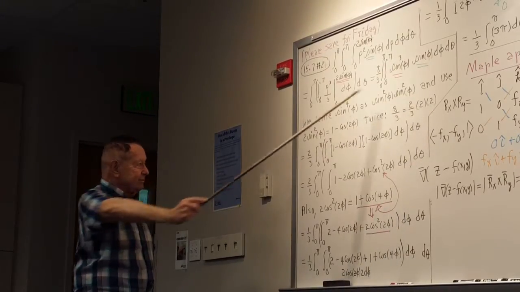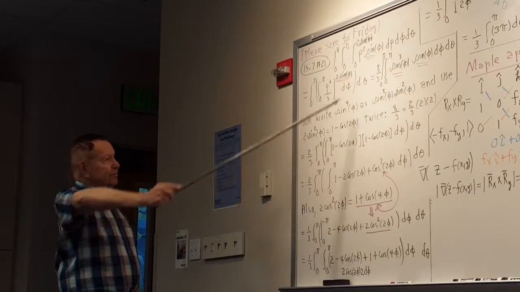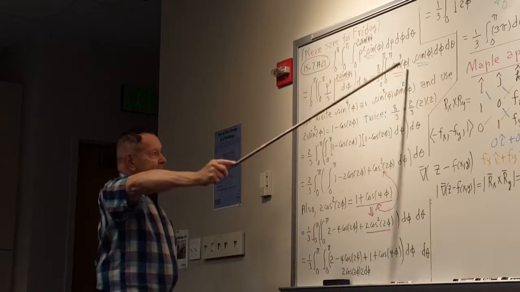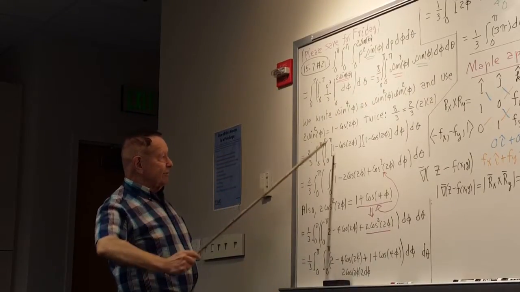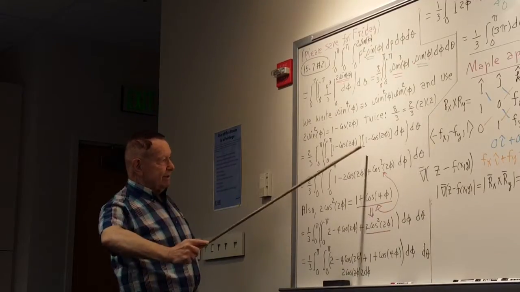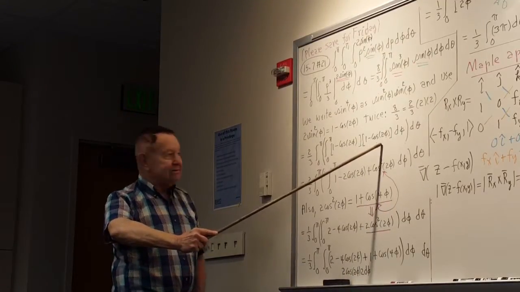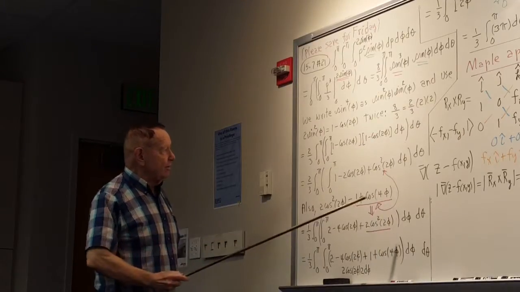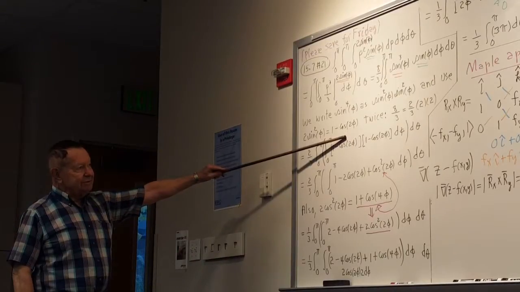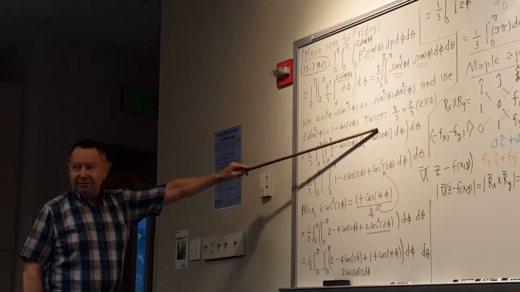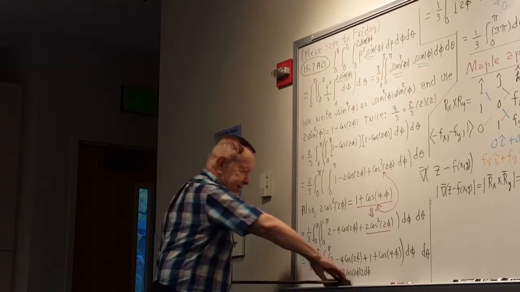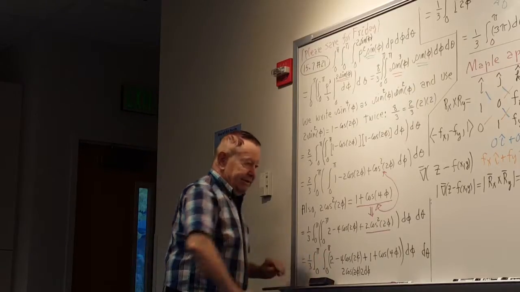You need these 2's to rewrite this as 2/3, then 2 sine square, which is 1 minus cosine of twice the angle, and 2 sine square again, which is another 1 minus cosine of twice the angle. So this has replaced a 2 sine square, and this has replaced a 2 sine square out of the sine fourth. Maybe I should write that.